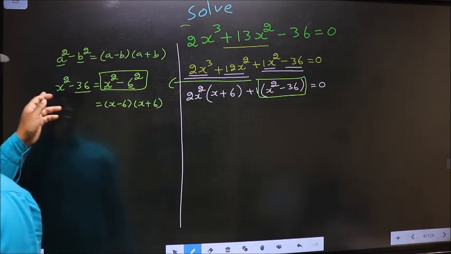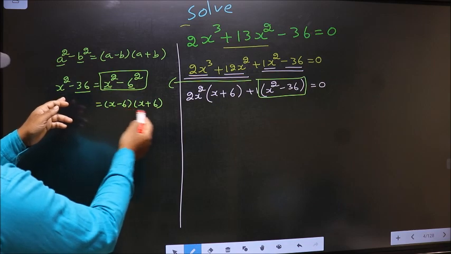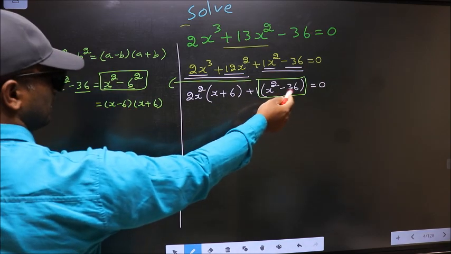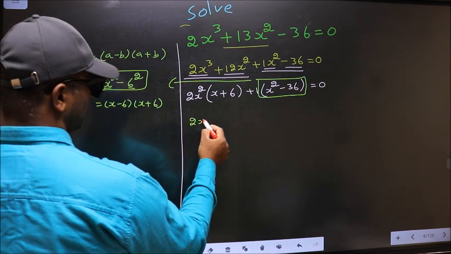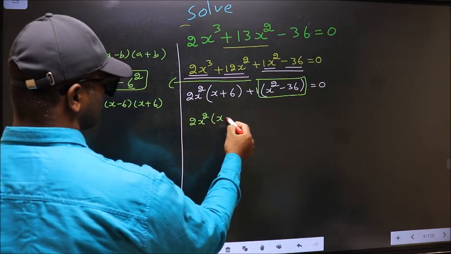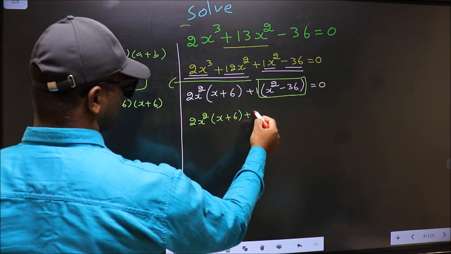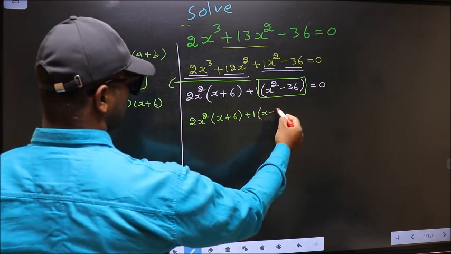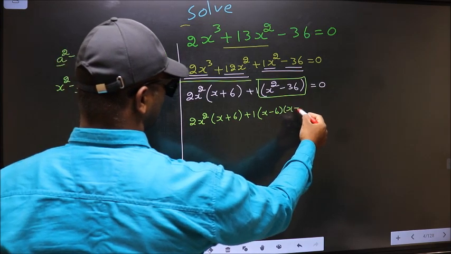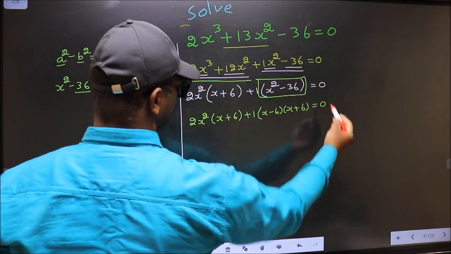So in place of this quadratic, now we should write this over here. So this equation will become 2x square times x plus 6 plus 1, in place of this 1, x minus 6 times x plus 6 equal to 0.